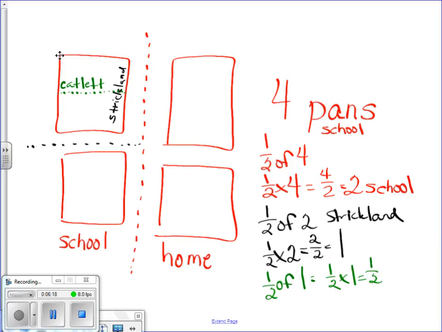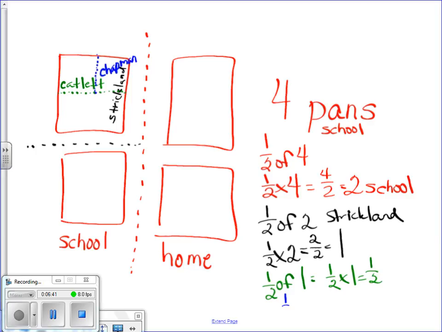Now, Miss Catlett says, Miss Chapman, I got some brownies that Miss Mason made. I want to split them with you. I still got my half over here.